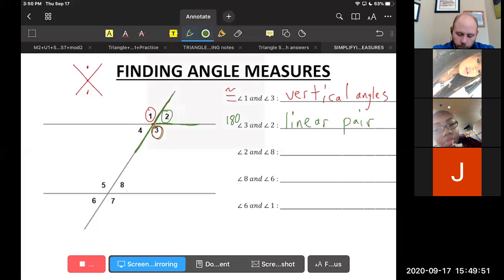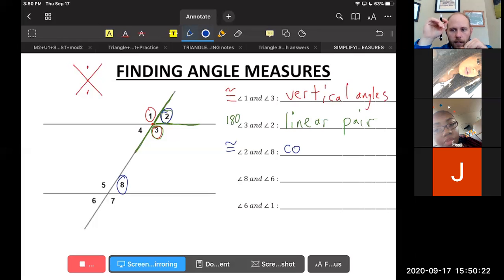Now let's look at 2 and 8. So 2 and 8. These guys are congruent. All right. They're in the same spot, just different intersections or different lines. Just remember what that one was called. Same spot, different lines.